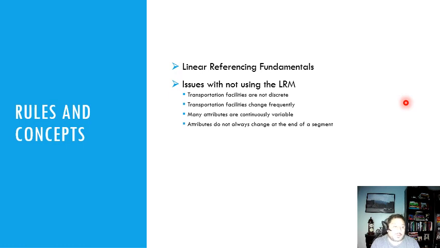As we know, there are issues with not using the LRM, but the systems are intended to address these four fundamental issues. The first one is that transportation facilities are not discrete, meaning one can walk outside and readily identify a roadway, for example, but what are the physical limits of that roadway?